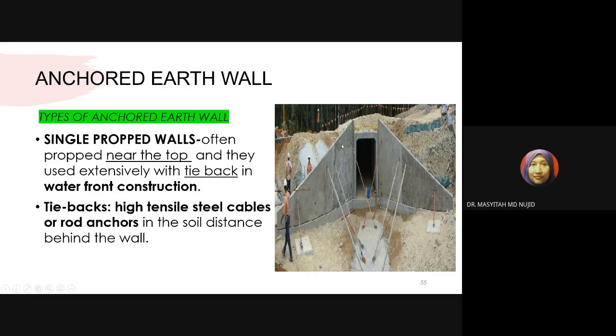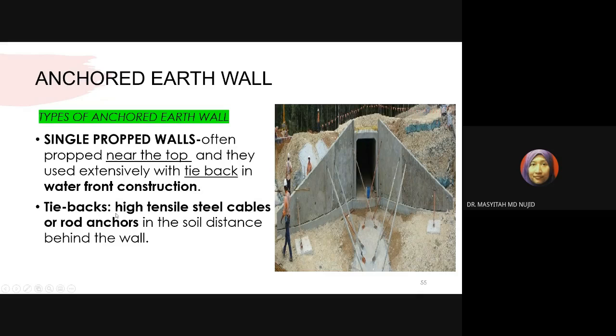As you can see in the figure on the right, it shows how to construct the propped earth wall. For example, single propped walls are often propped near the top and are used extensively with tiebacks in waterfront construction. What is the use of tiebacks?